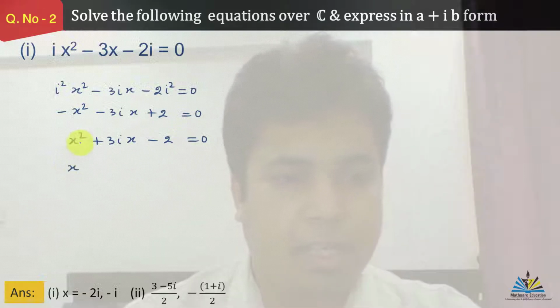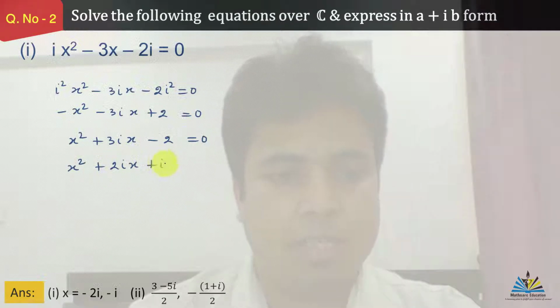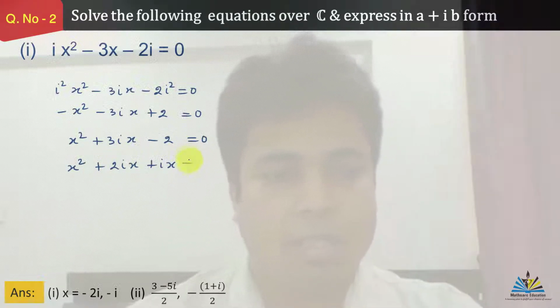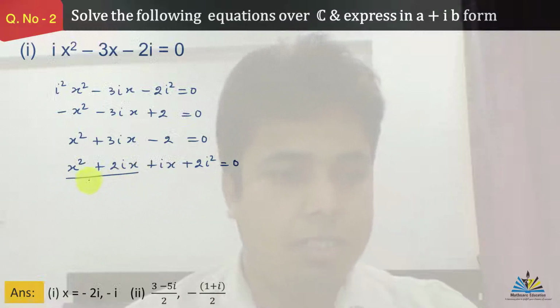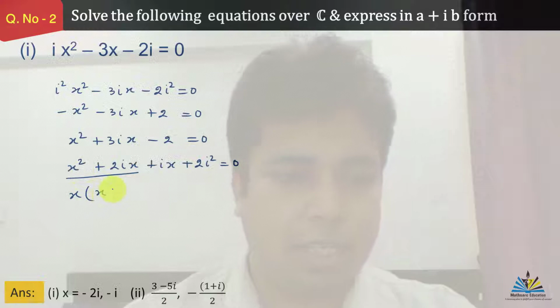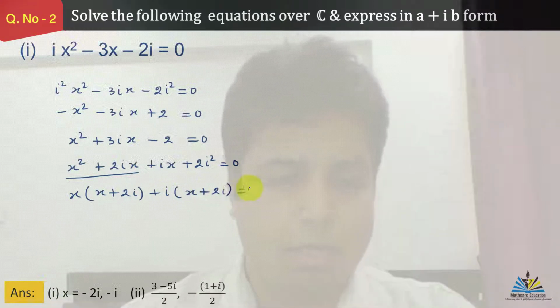So you can factorize this as x square plus 2ix plus ix plus 2i square is equal to 0. Then you take x as common, so you get x plus 2i, and here you take i as common, so you get x plus 2i is equal to 0.